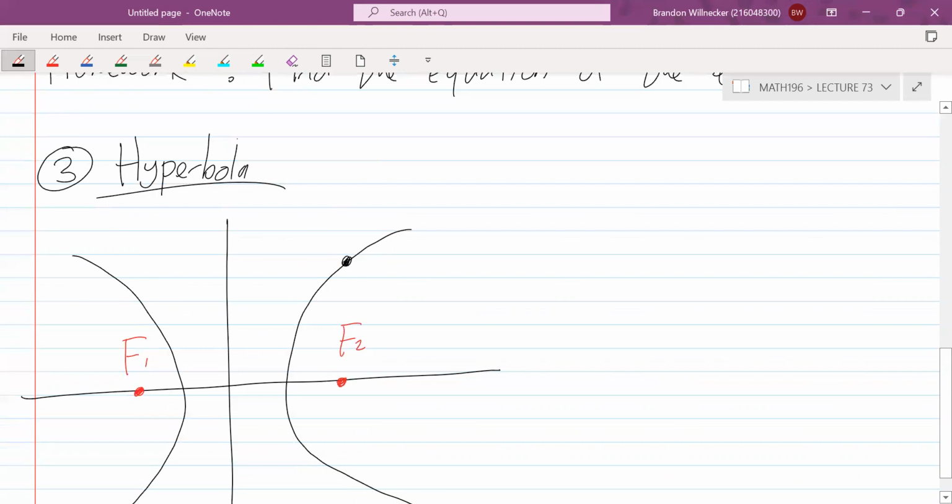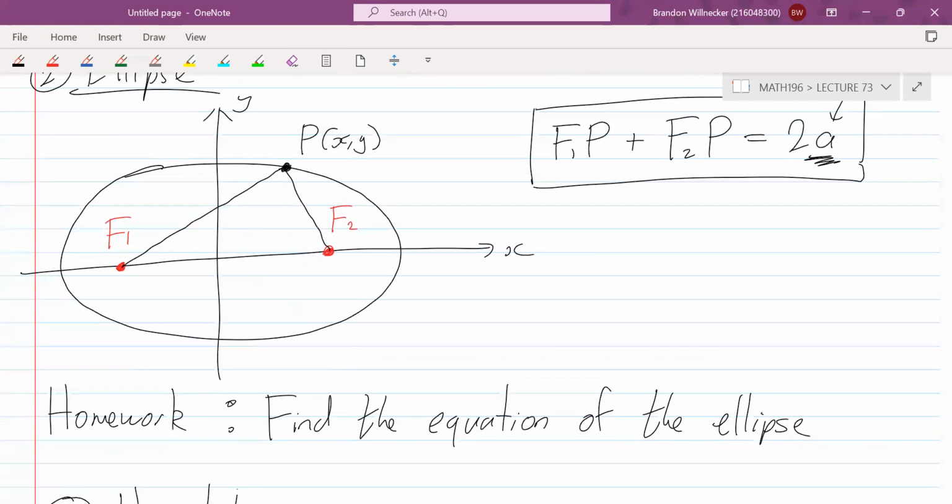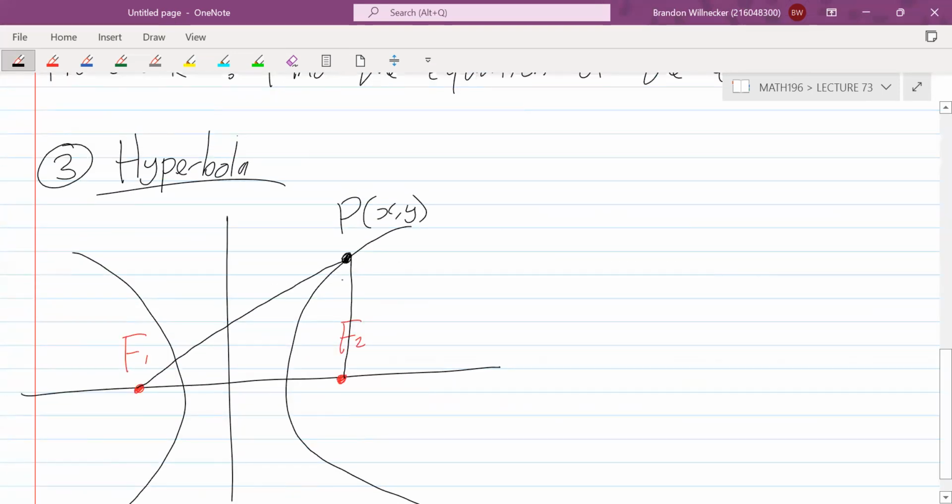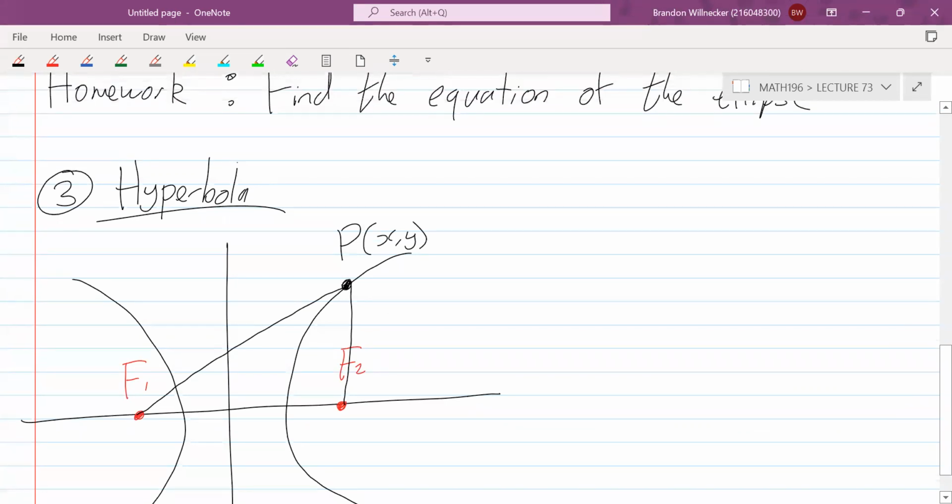So if this is a point P(x, y) on the hyperbola, then this distance here minus this distance here is equal to a constant. So for an ellipse, we added the distances and we got a constant. For our hyperbola, we subtract the distances and we get the constant.